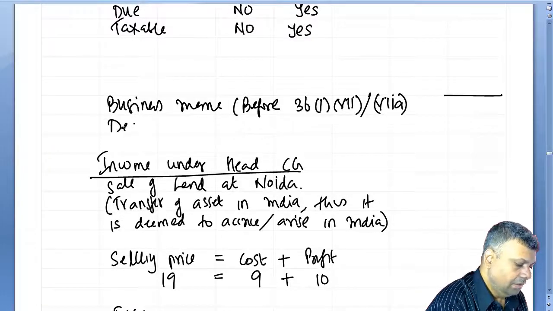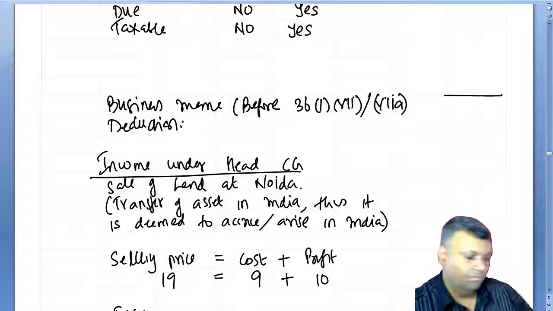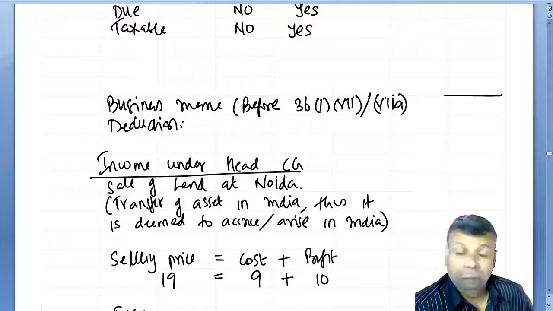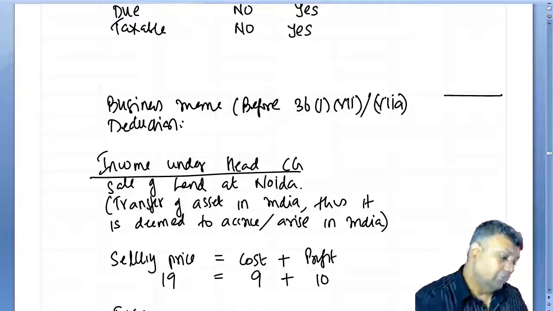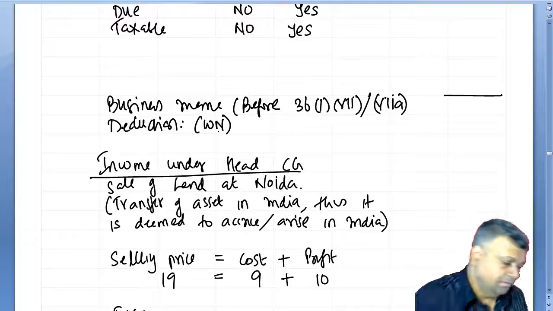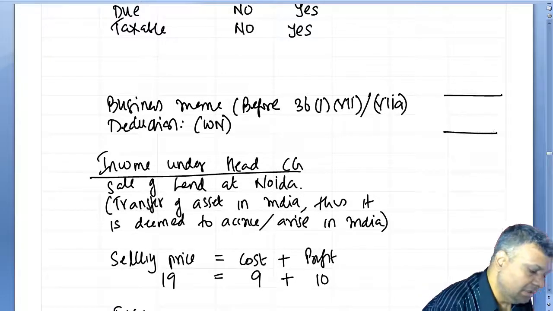Then the deduction. Now I don't have the space because I miscalculated the space. So I'll have to write a working note. Then I will get the business income.